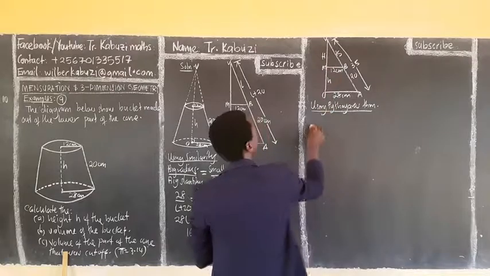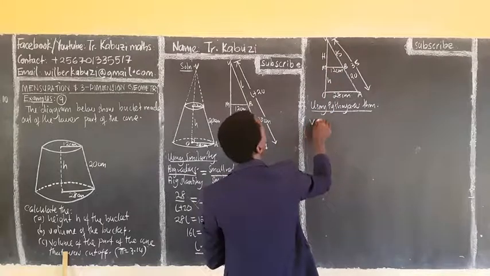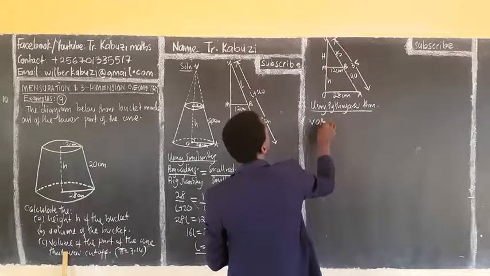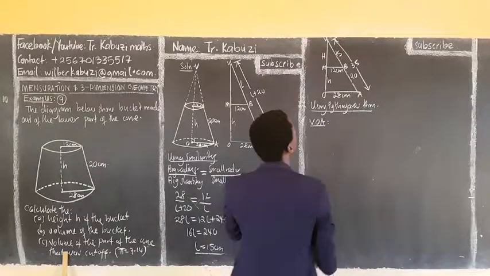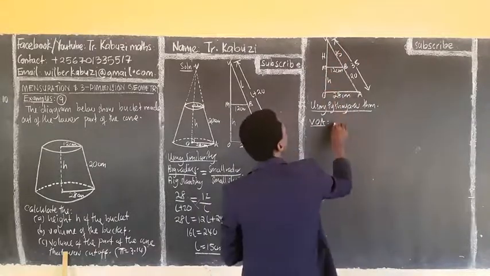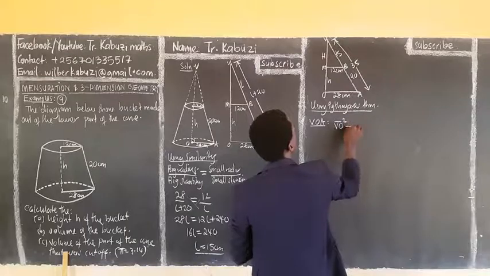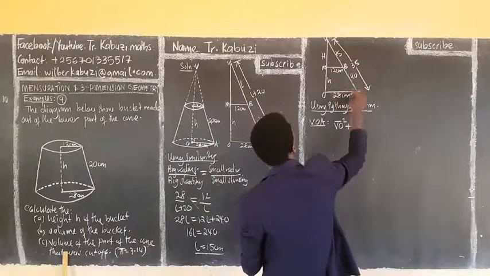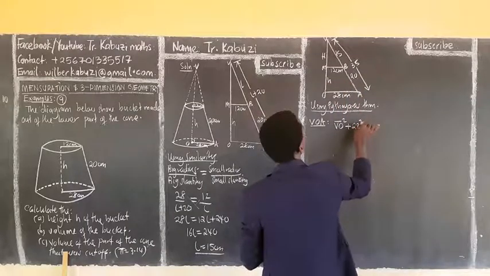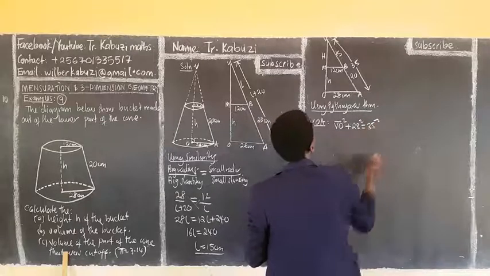Let us start with triangle VOA. So now VO squared, plus this 28 squared, I'll get that 35, the whole square.